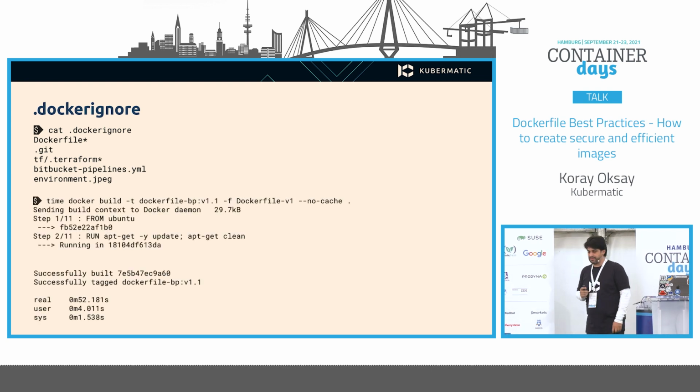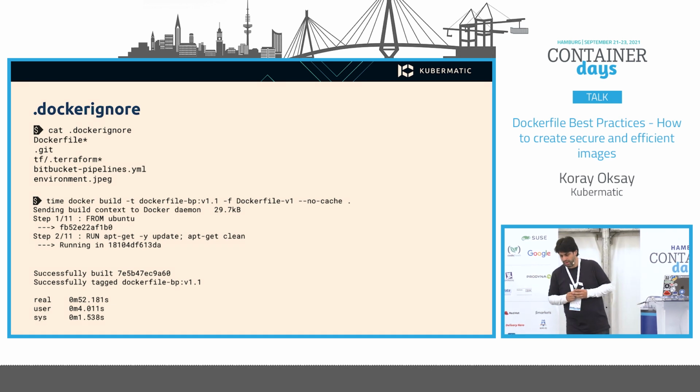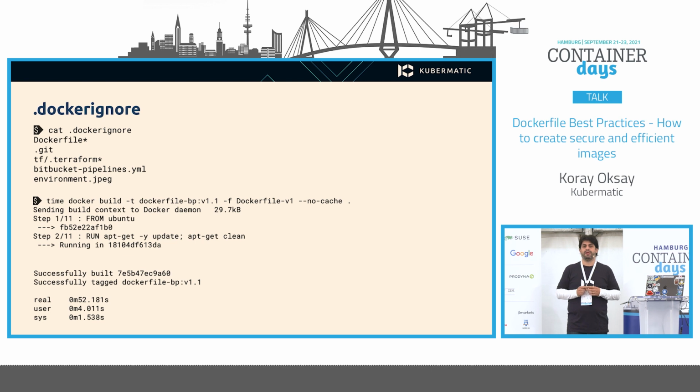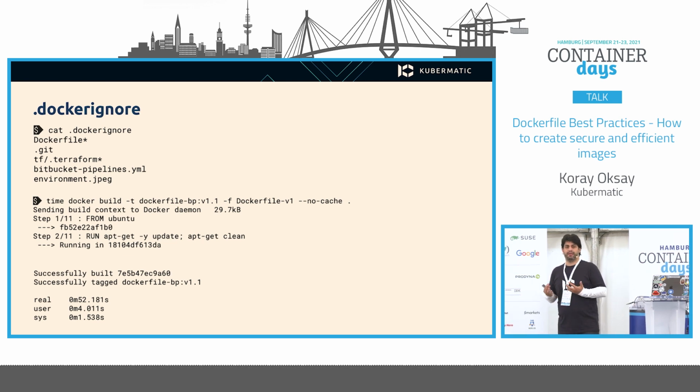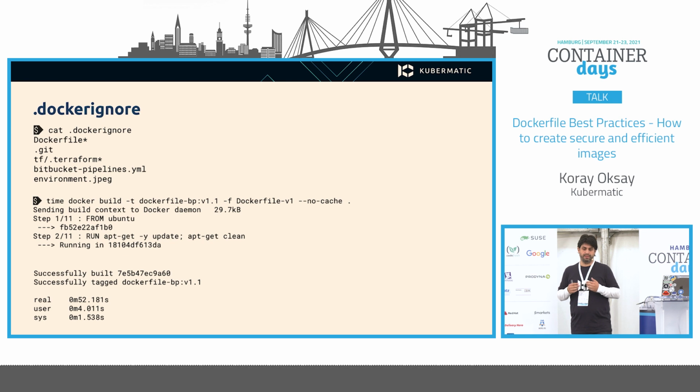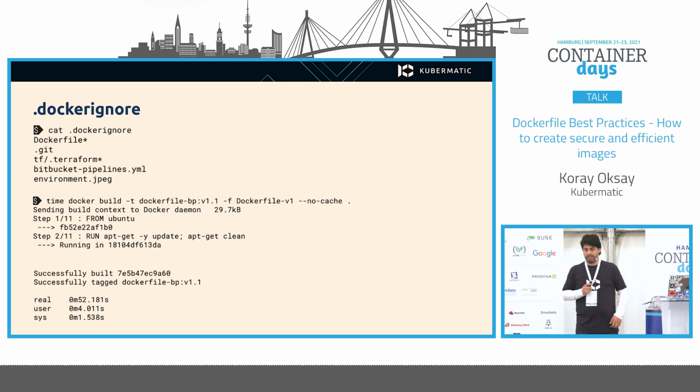So if you build this one, this time it takes 52 seconds. So I already saved 10 seconds just by adding an ignore file. Plus, I don't have some secret files shipped with my image.